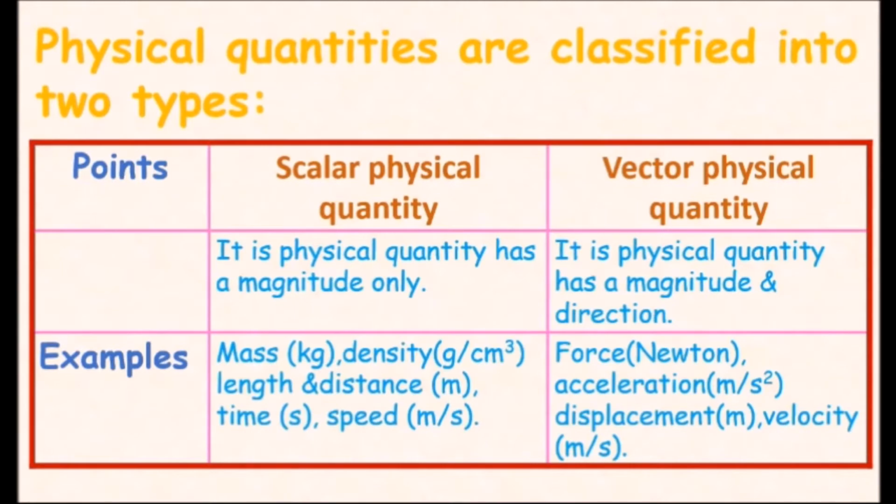When I ask you a question, give a reason. Mass is a scalar physical quantity, while force is a vector physical quantity. Our answer will be: because mass is identified only by using magnitude, while force is identified by knowing magnitude and direction.